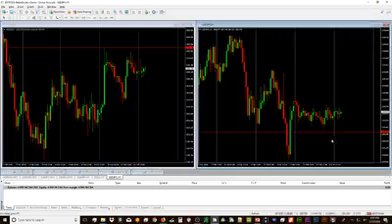So you can see the opposites, they're inverse. So typically, if gold is going up, then the USD JPY is going down. So if you can't read it, that's a really easy way to figure out what the chart is doing.